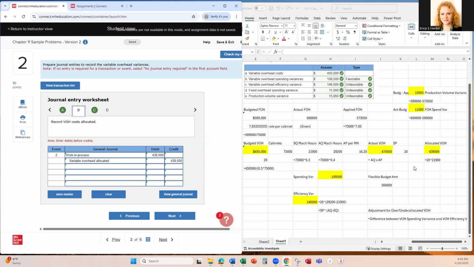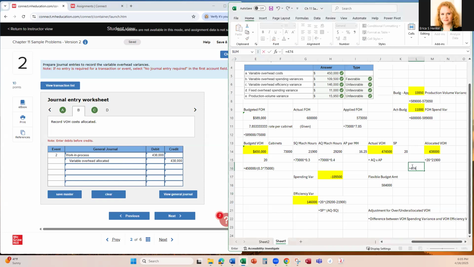So if we look here, the difference between our actual overhead that we paid and what we allocated is 36,500. That's also the difference between these two variances, which are in opposite directions here. So we need to figure out how to make our amount that's going to flow through to cost of goods sold equal this actual amount that we paid.